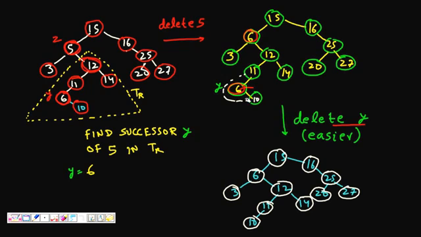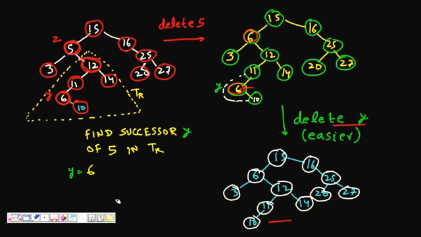So now we have to delete 6, which is case 2. How to delete this? 11 will directly point to 10. So 11 will be the parent of 10, 10 will be the left child of 11, and 6 will be removed. So this is case 3, which involves first copying the value of its successor to that node and then deleting the duplicate successor, and it is easy now because it becomes case 1 or case 2.